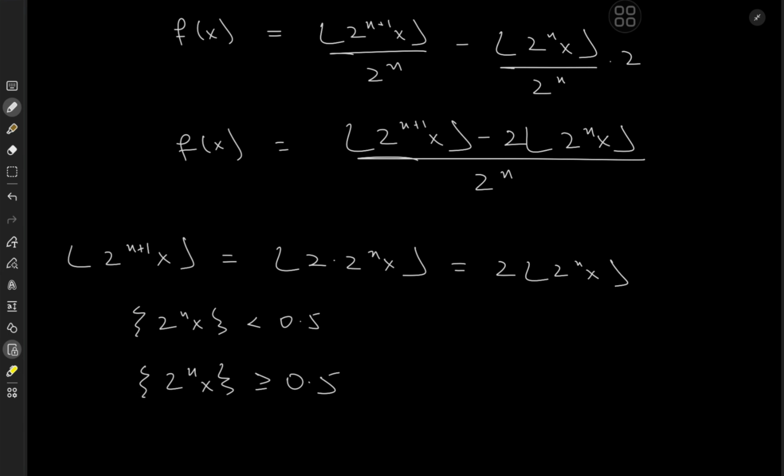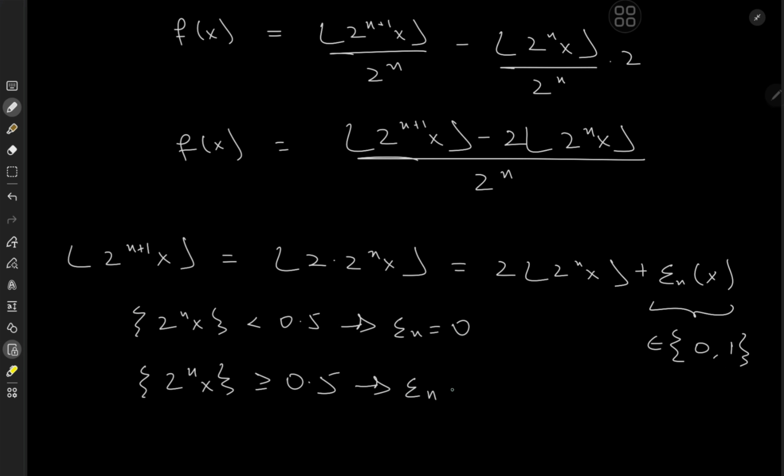You can test this out real quick for like 1.4 and 1.6. In other words, you can factor out the 2, but then add a correction term, epsilon, that of course depends on n and x, where epsilon sub n is either 0 or 1. It's 0 here and 1 when the fractional part is greater than or equal to 0.5.